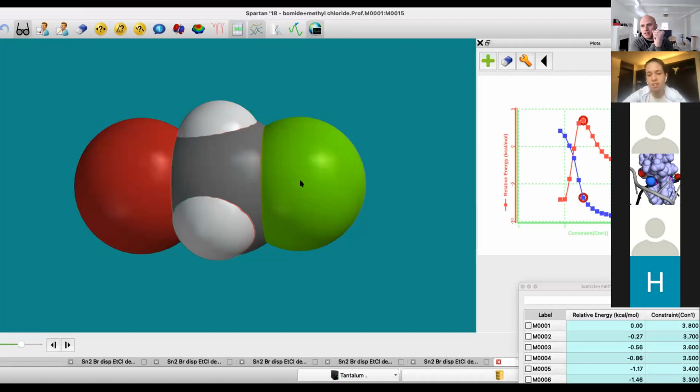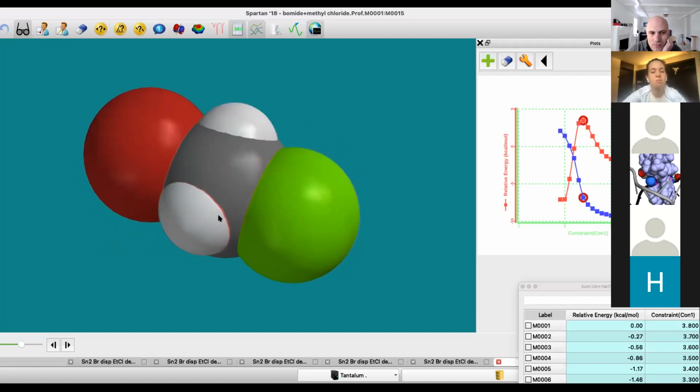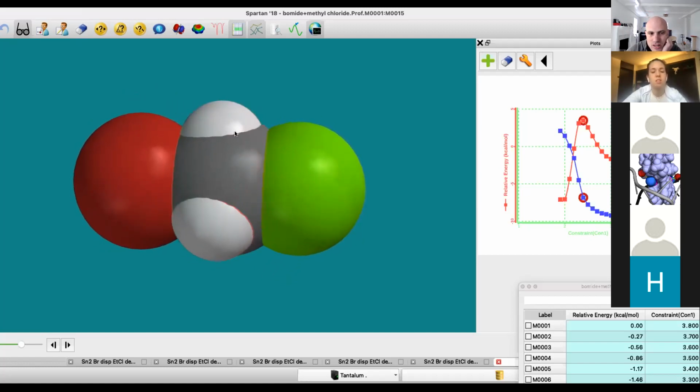If I've got a bonding interaction there, that's okay. If there's not an actual bond, that's destabilizing, all right? And so the reason I show you this is to see that, hopefully you can see it, that transition state is pretty crowded. If I replace any of these hydrogens with other substituents, you can imagine that they're going to start to interact with the bromine and the chlorine, and that's exactly the case, okay?